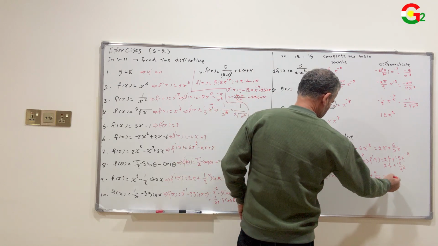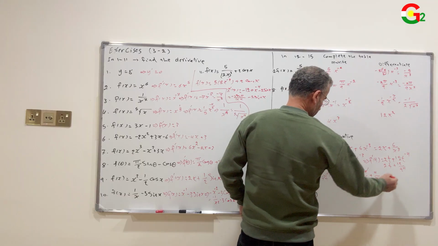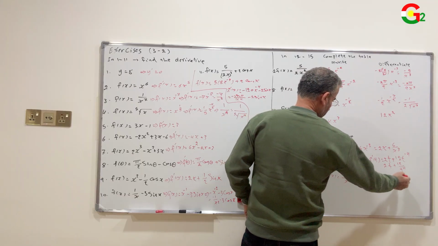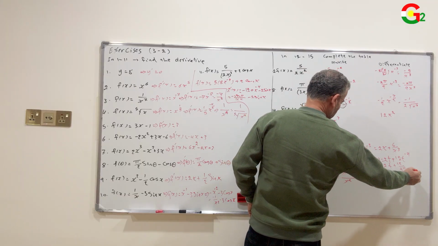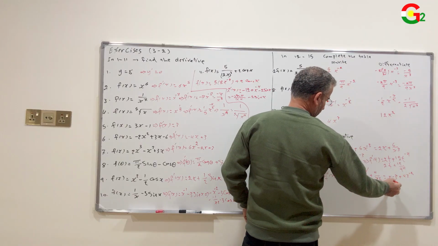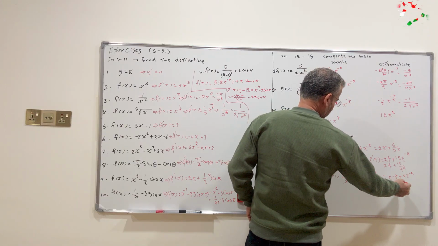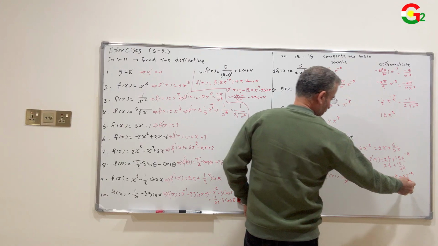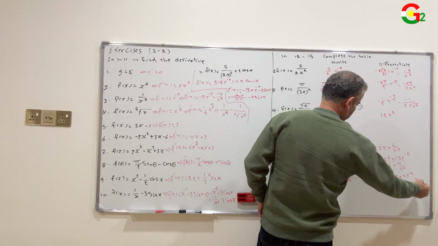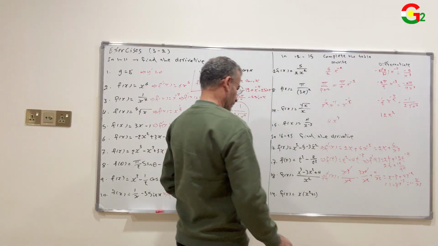Simplify: x minus 3 plus 4x to the negative 2. Now differentiate: 1 minus 8x to the negative 3, equal to 1 minus 8 over x^3.